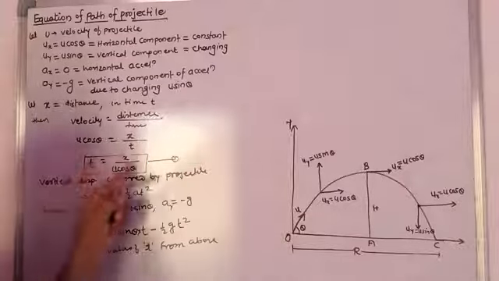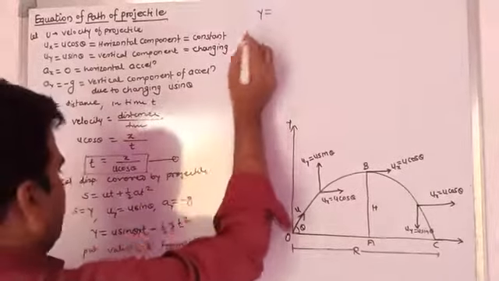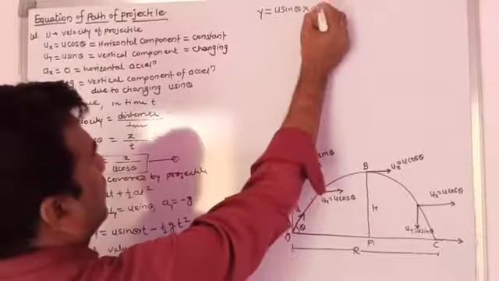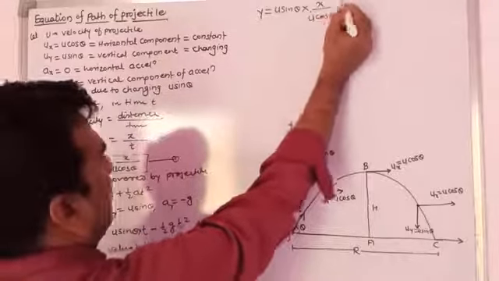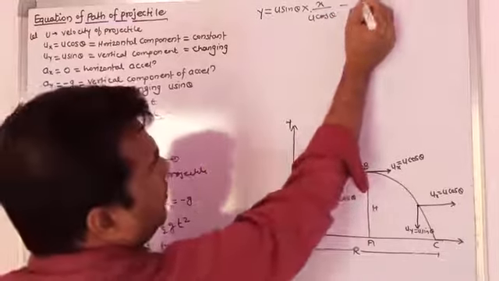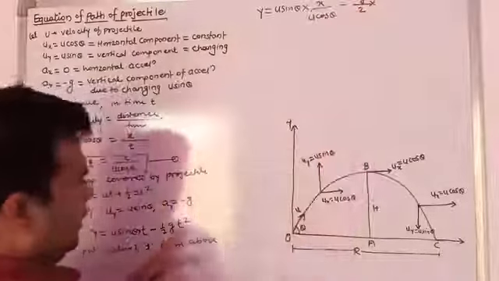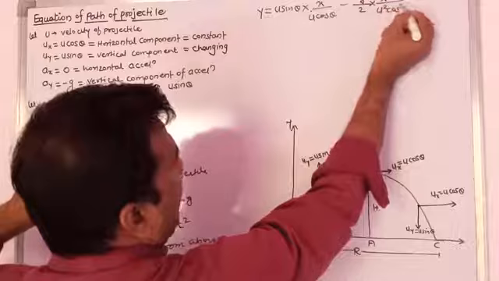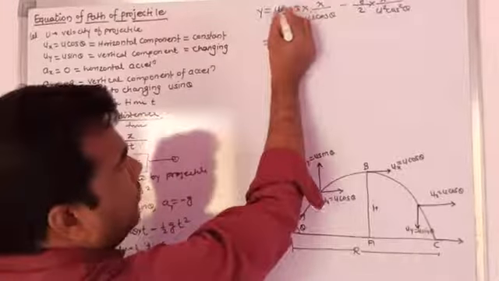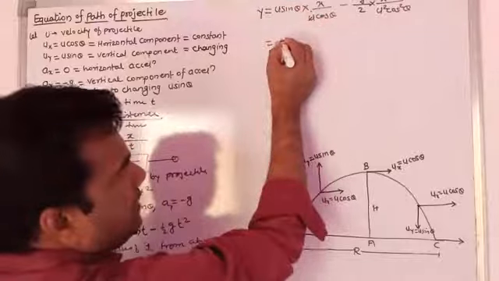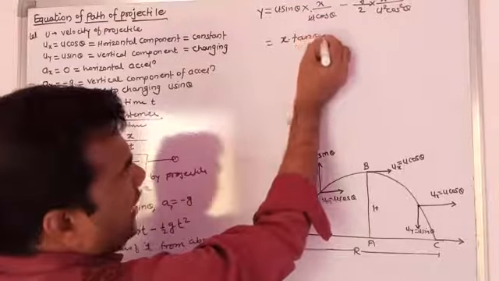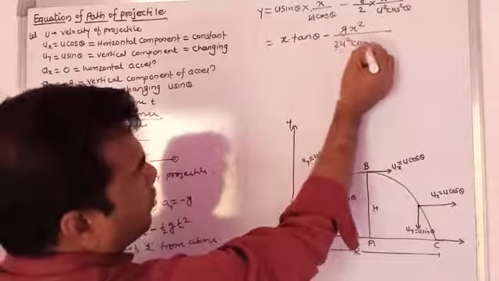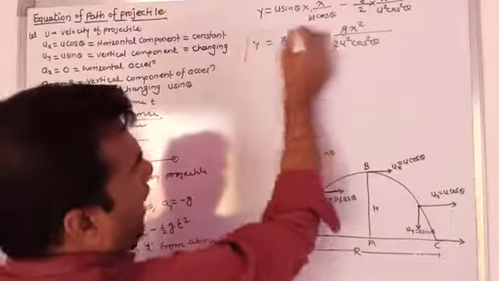The value of t is x upon u cos theta, therefore we can write y is equal to u sin theta into x upon u cos theta minus g by 2 into t square. T square means x square upon u square cos square theta. Now u gets cancelled, sin theta upon cos theta means tan theta, so y is equal to x tan theta minus g x square upon twice u square cos square theta.